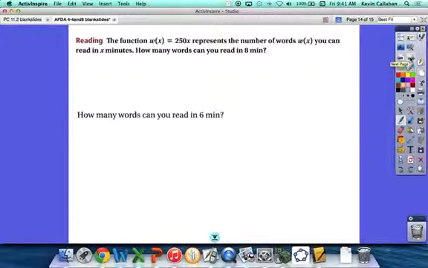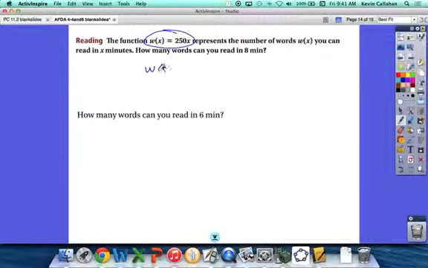Okay, so given this function rule, w of x equals 250x represents the number of words, w for words, you can read in x minutes. How many words can you read in 8 minutes? How would you figure out how many words you could read in 8 minutes if this is the function?